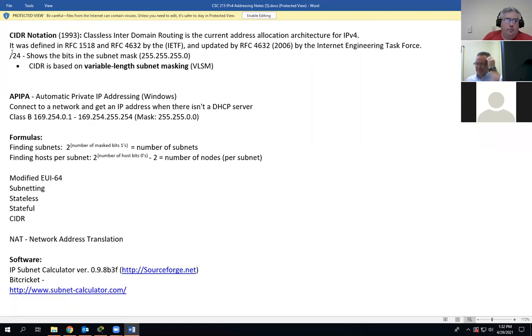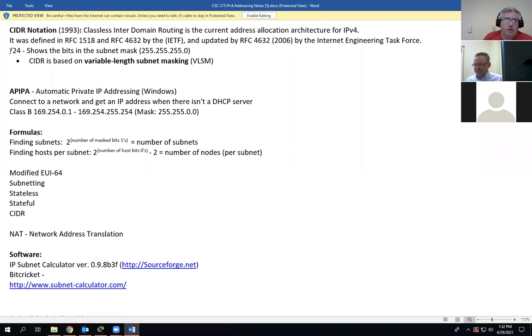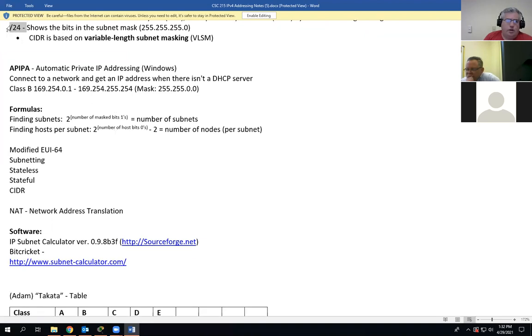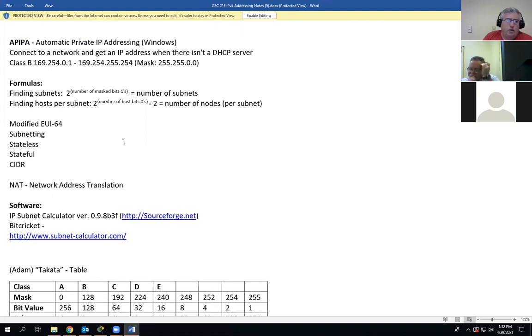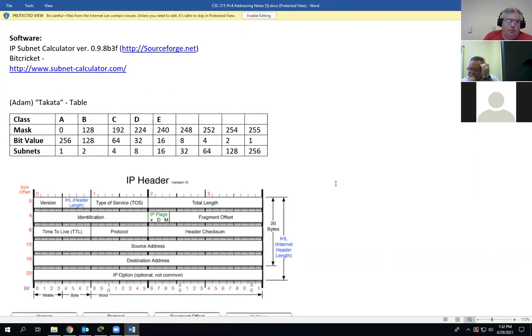So it's a slash and a two-digit number, even if it's something like 0 or 1. It would be CIDR notation.